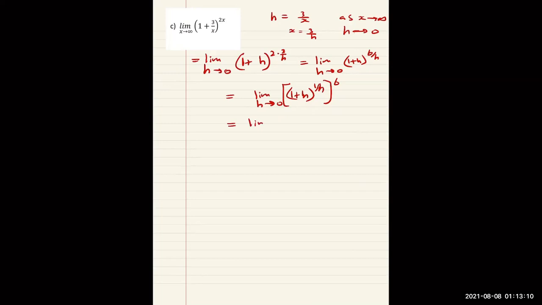Then you get the limit as h approaches 0 of 1 plus h to the power 1 over h, whole thing to the power 6. Last time we discussed the theorem which shows that the limit of this expression as h approaches 0 is e. This is the definition of e actually. So you can put e here, and you get the answer e to the power 6. That's your limit. Okay. All right, let's move on to our next example.